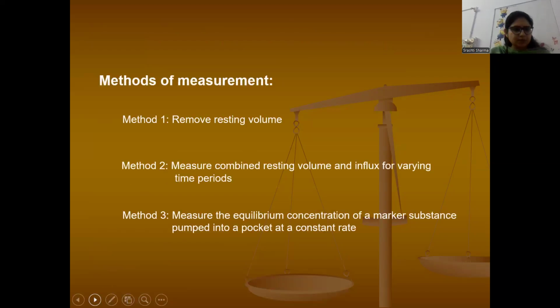Methods of measurement. Method 1, remove resting volume. Method 2, measure combined resting volume and influx over varying time periods. Method 3, measure the equilibrium concentration of a marker substance pumped into the pocket at a constant rate.